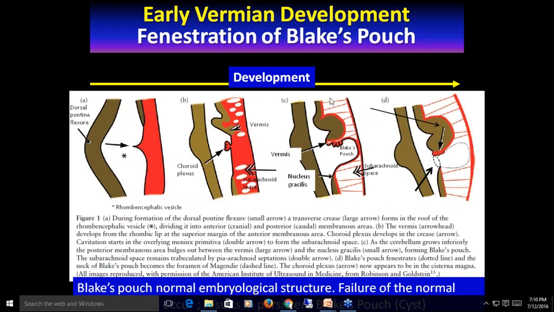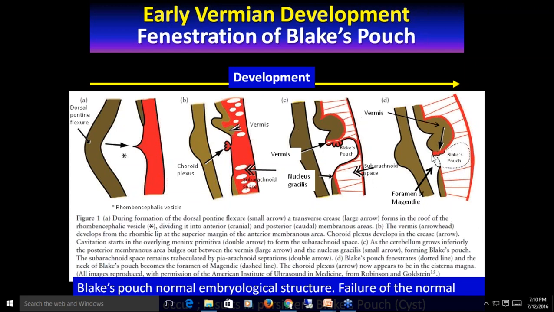Further development occurs, and we see that the vermis is completely formed, and the area below the vermis outpouches into the area of the subarachnoid space.